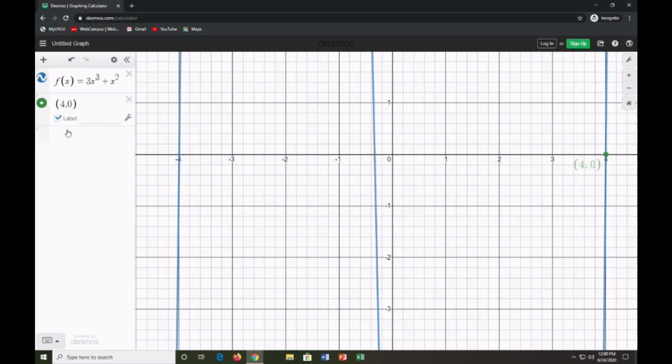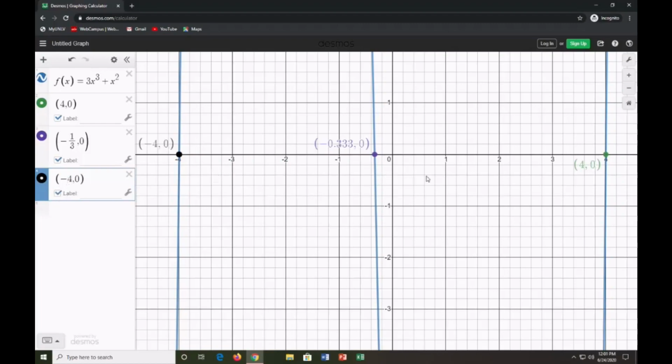So look at what is happening at each of these zeros, and I'm going to snap to all of them. The other one was negative 1/3, comma 0, right there, that one in the middle, and the one on the left was negative 4, comma 0, right there.